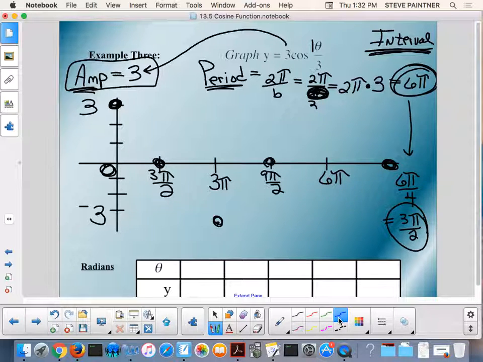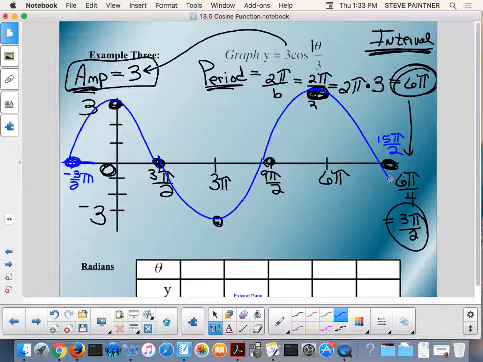What is this? 15/2 pi. I know that's kind of weird, but that's what it is. Anyways, this one back here, you went back 3/2 pi. So you could do this little number again. There it is.